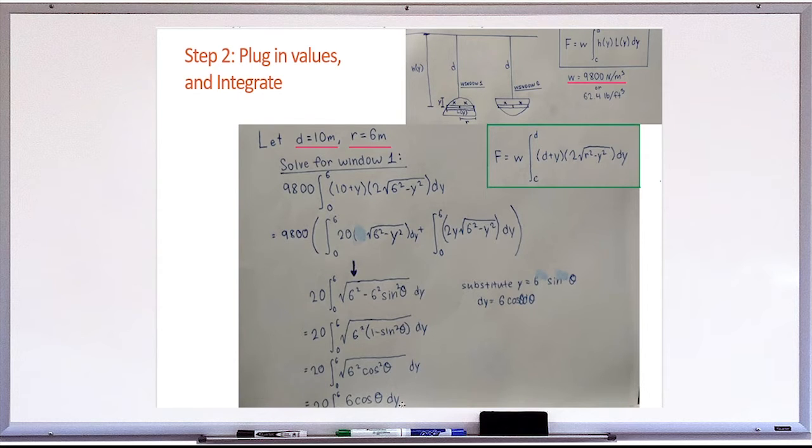Now we need to turn the derivative of y into the derivative of theta. Y is equal to 6 sine theta, so dy is 6 cosine theta d theta. So we're just going to plug that into the equation.